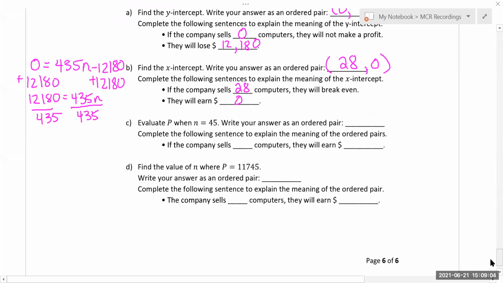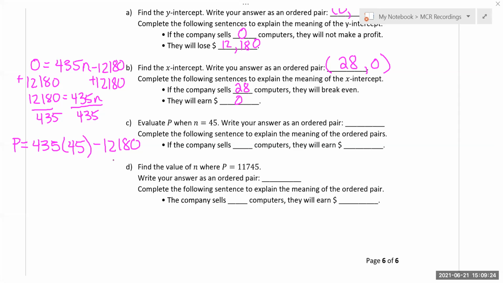Okay, and then what happens if we sell 45 computers for C? Let's kind of go for the gold here. Let's find the profit. Okay, so I'm gonna put those in there and just solve straight through.